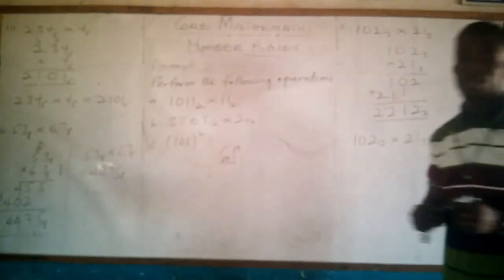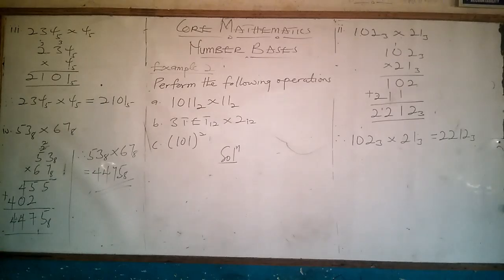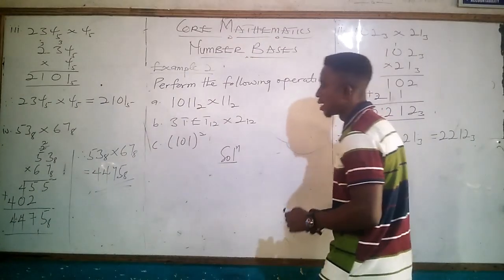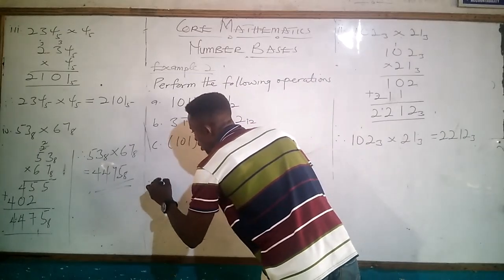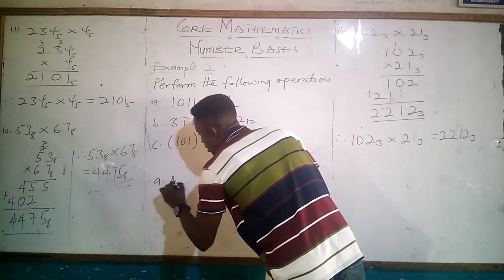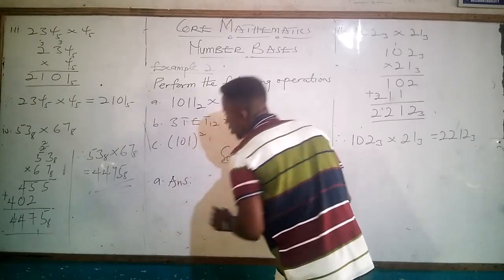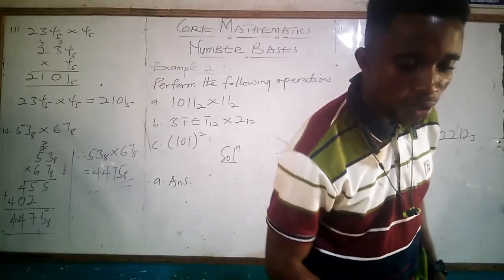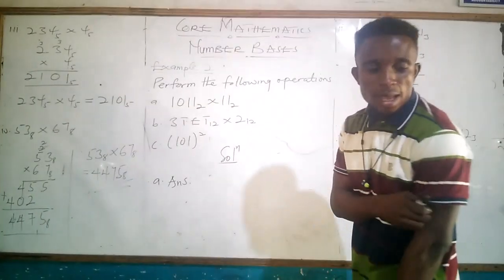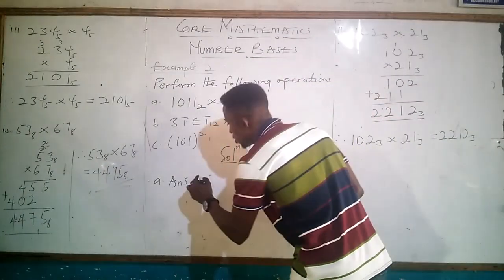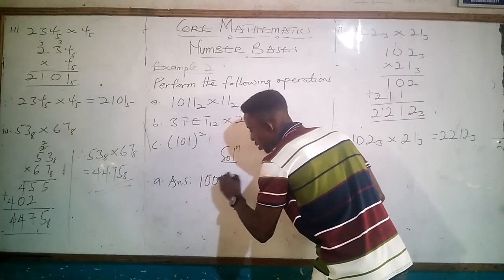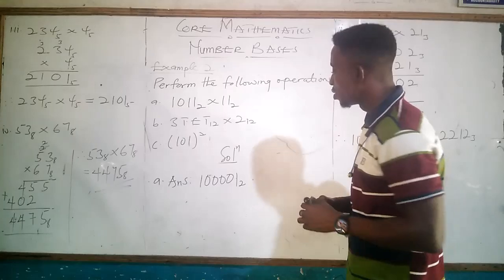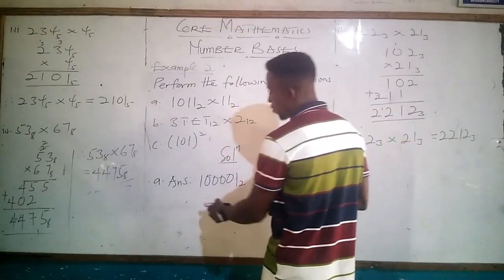But I will solve the I or the A. So solving the A, if you're able to solve it correctly, you are going to be getting an answer 100,001 base 2 for that one.